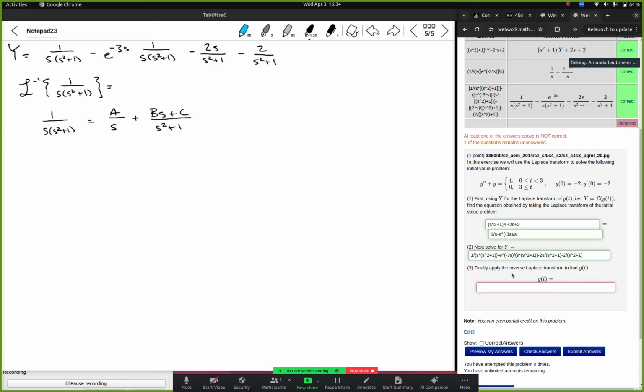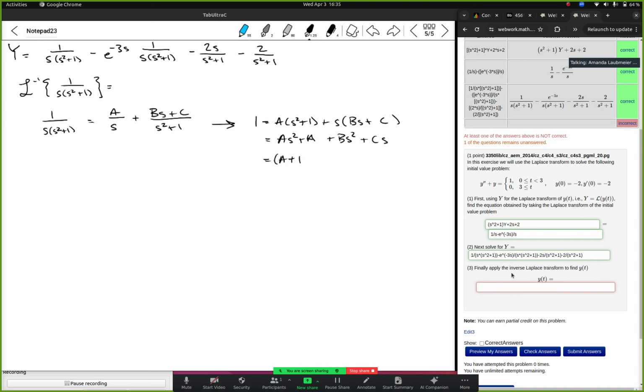And remember, I do like an s in the numerator here so that I have the option to balance out this s squared that's going to multiply by a, which means that I'm going to need to have 1 equal to a times s squared plus 1 plus s times bs plus c. So that's as squared plus a plus bs squared plus cs.